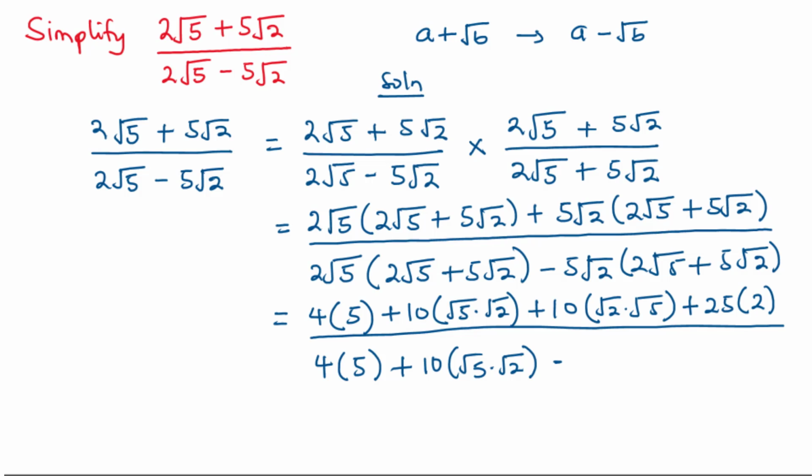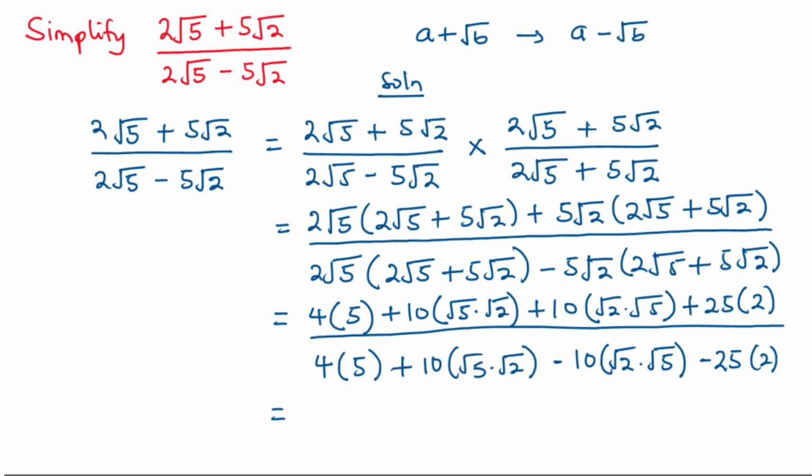Minus 5 times 2 is 10. Root 2 times root 5, we have root 2 times root 5. Minus 5 times 5 is 25. Root 2 times root 2 is 2.